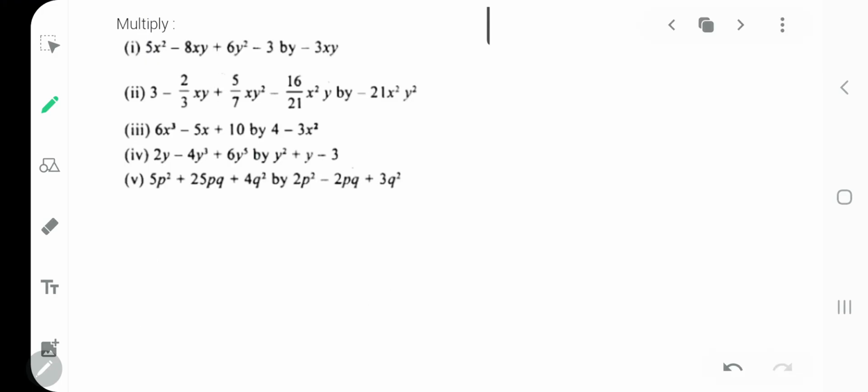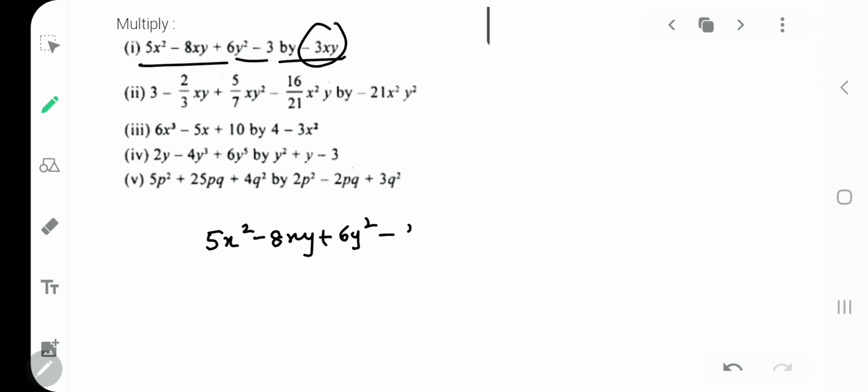I'll take up next when you have trinomial and binomial, and you have, no, this is my monomial, I'm so sorry. And this is a polynomial, which consists of 4 terms. How to multiply that? I'll take 5x square minus 8xy plus 6y square minus 3, and you have to multiply with minus 3xy.